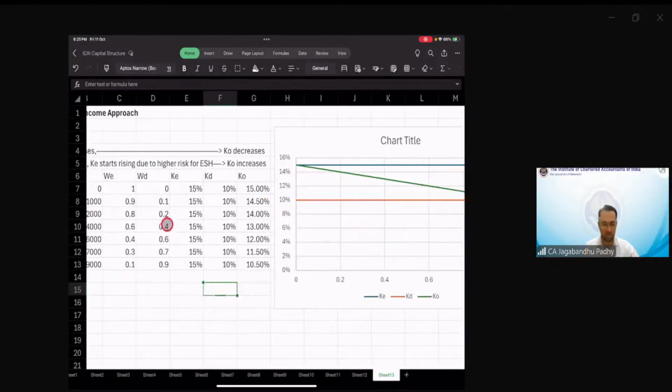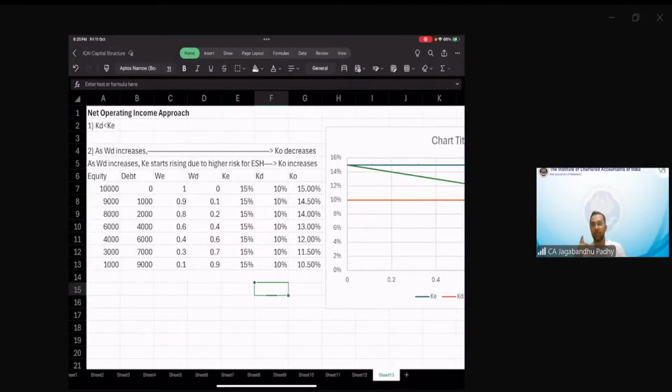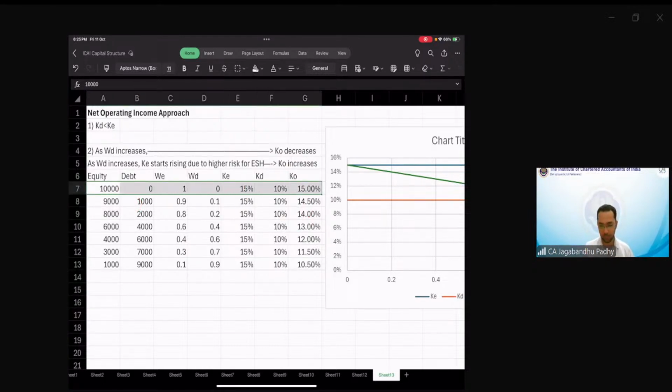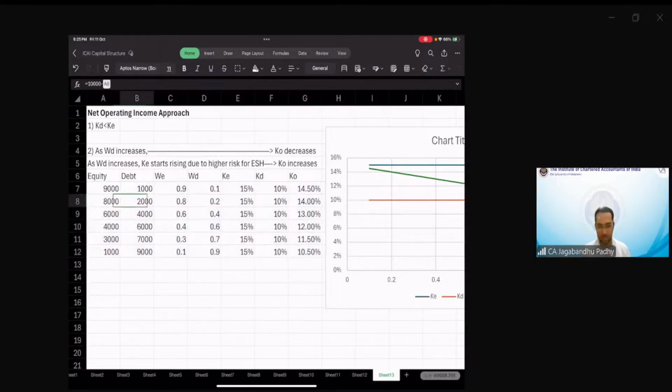But is the cost of equity going to remain constant, guys? No, cost of equity will keep on rising. And they say that both these factors, increasing and decreasing, will have a combined impact, and your KO will remain constant. So let's say I eliminate this portion and I just take this. So your KO is going to remain constant.